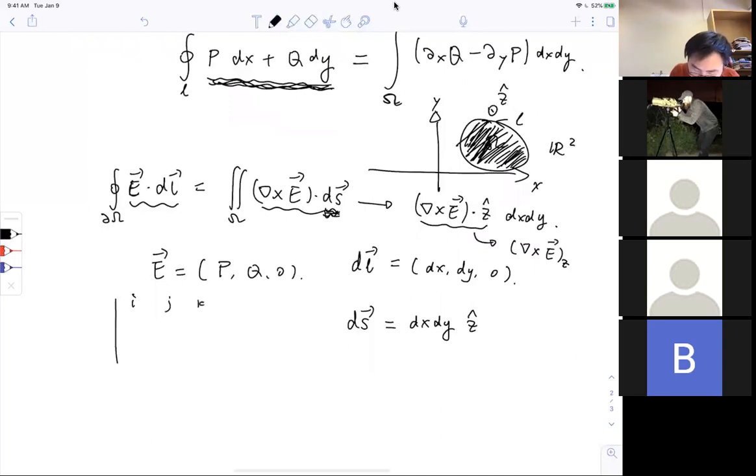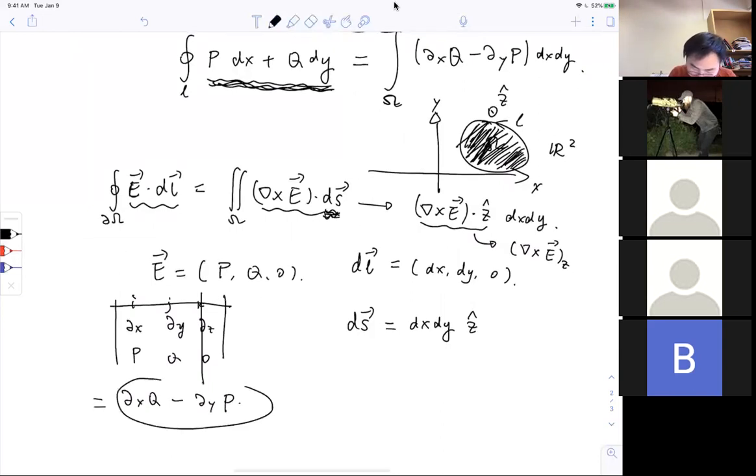You can work this out very quickly by yourself. So E is (P, Q, 0), and the z component is given by partial x of Q minus partial y of P.